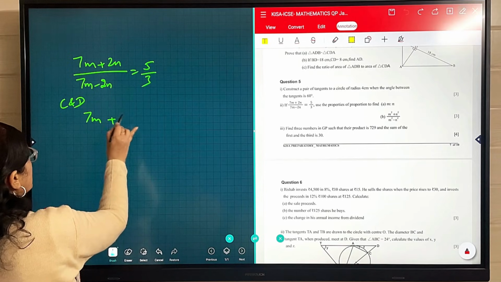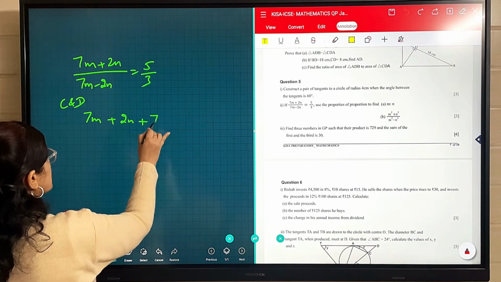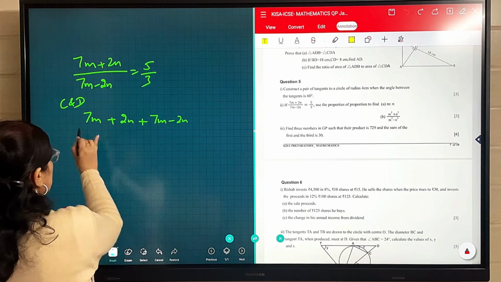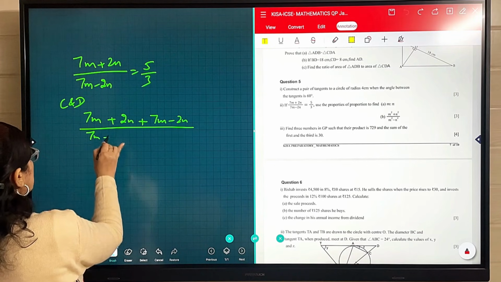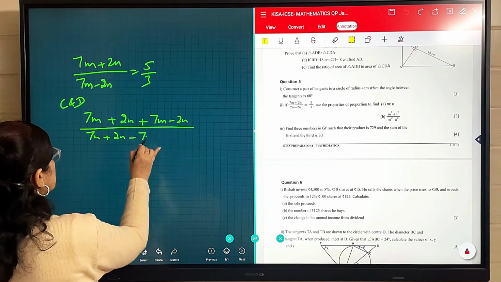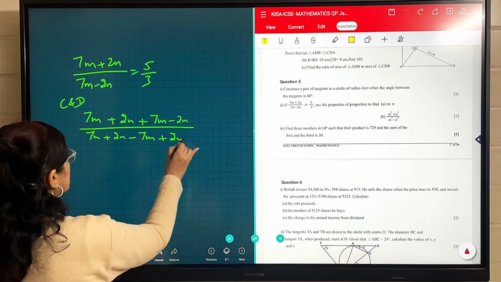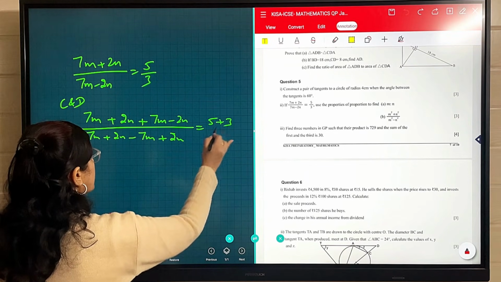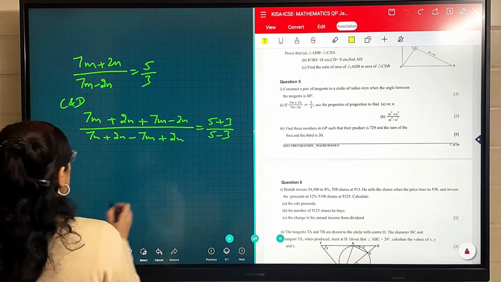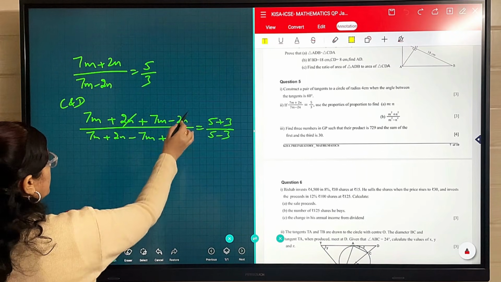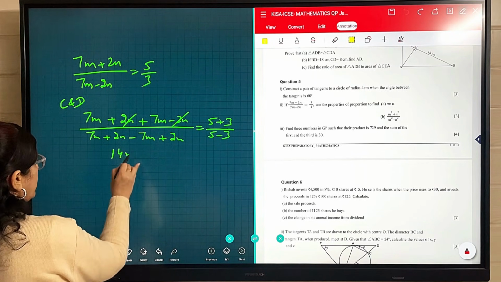So numerator plus denominator divided by numerator minus denominator is equal to 5 plus 3 upon 5 minus 3. In the numerator 2n will get cancelled, you will get 14m.